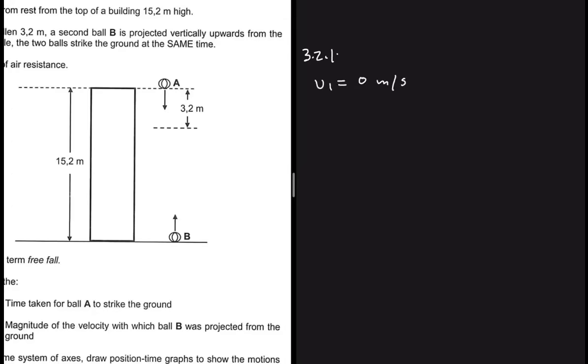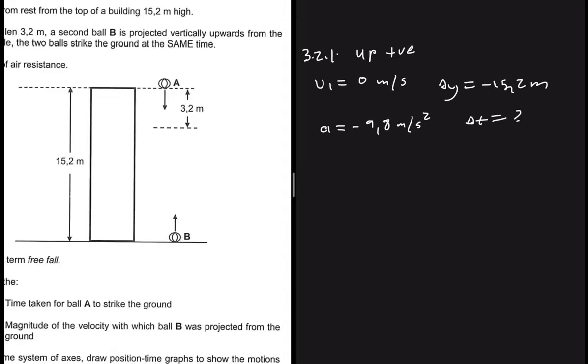Right, and we have delta Y. So let's take up as positive. If we take up as positive, then delta Y should be equal to minus 15.2 meters when our object strikes the ground. Another information we have is the acceleration, as we always do, minus 9.8 meters per second squared. And what are we looking for? We're looking for the time it takes the ball to strike the ground.